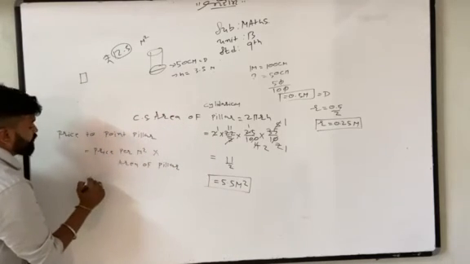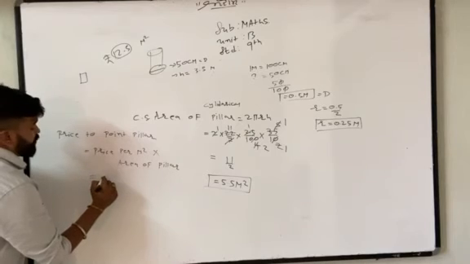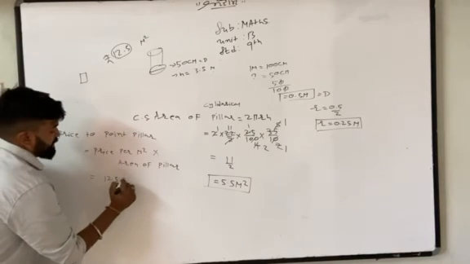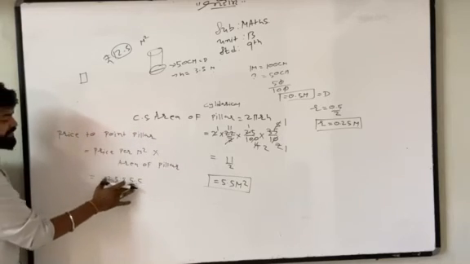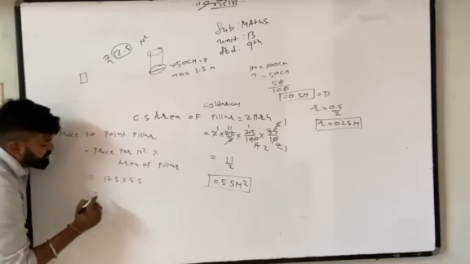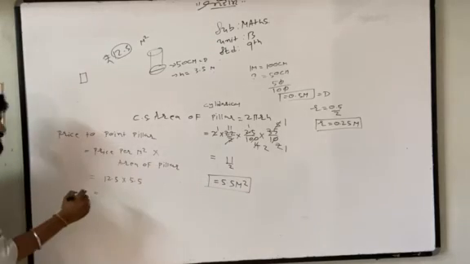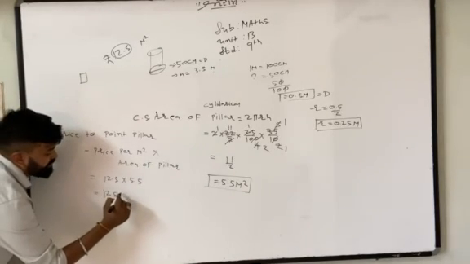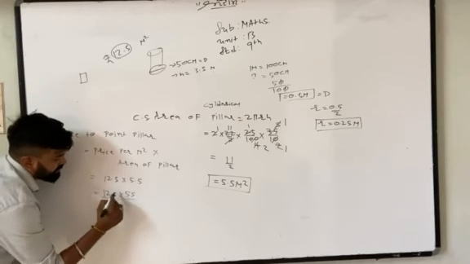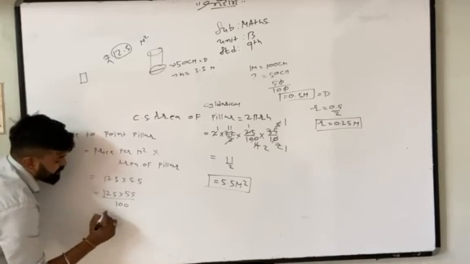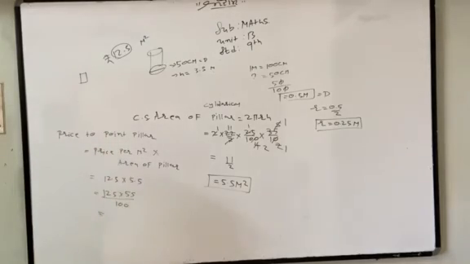This is equal to 12.5 multiplied by 5.5. This can be written as 125 multiplied by 55 divided by 100. So multiply 125 by 55 and divide that by 100, and you will get the answer.